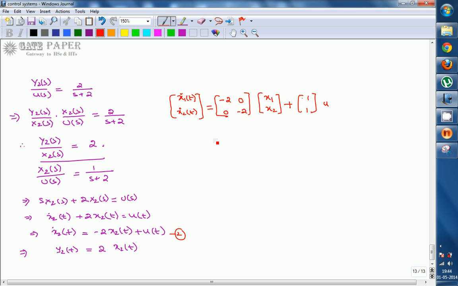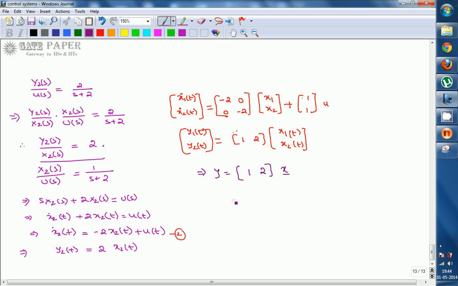Then we can write y1 of t, y2 of t equals 1 2 multiplied with x1 of t and x2 of t. So we'll get y1 of t equals x1 of t, y2 of t equals 2 x2 of t. So from this we have y equals 1 2 x.